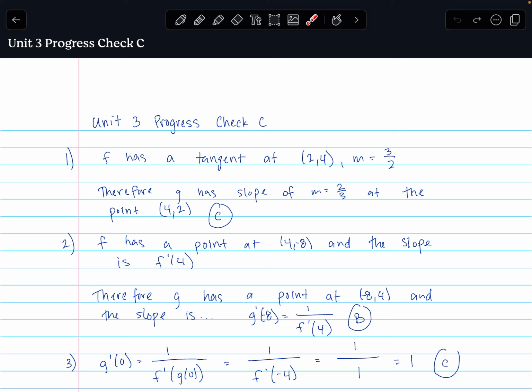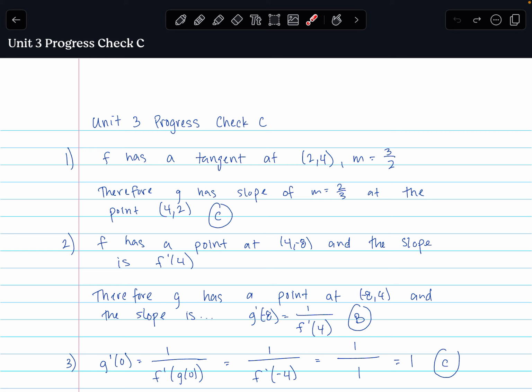Okay. Next we have a question. It says let f be the decreasing function defined by f of x equals, and it gives us a function. Now we don't even need the function really, because the answers provided don't even use the derivative.